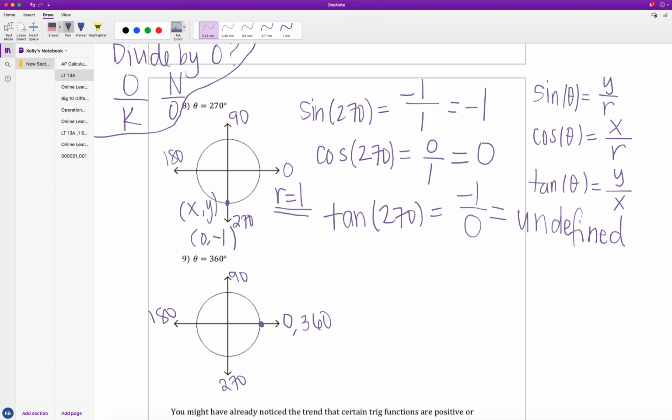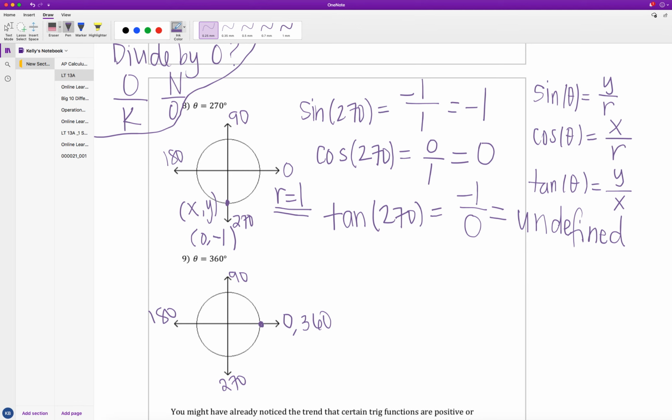I'm going to let you guys in on a little secret right now. When you have angles that are coterminal to each other, since they're at the same point on the unit circle, sine, cosine, and tangent of both 0 and of 360 are going to give me the same answer because 0 and 360 are coterminal. And that will happen anytime we have coterminal angles.